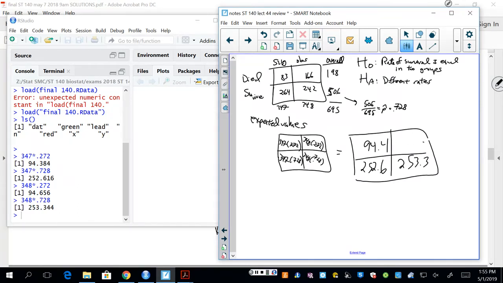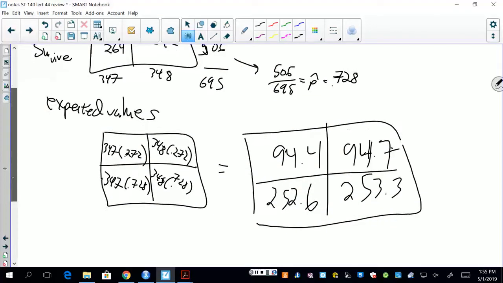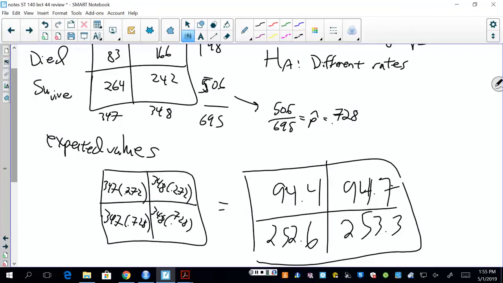And then this one you expect 94.7, with a little bit of rounding. And what we actually got in our data, we got 83 but expected 94. We got 264 but expected 252. So they're a little inconsistent with that, but not enough for us to say it's statistically significantly different.